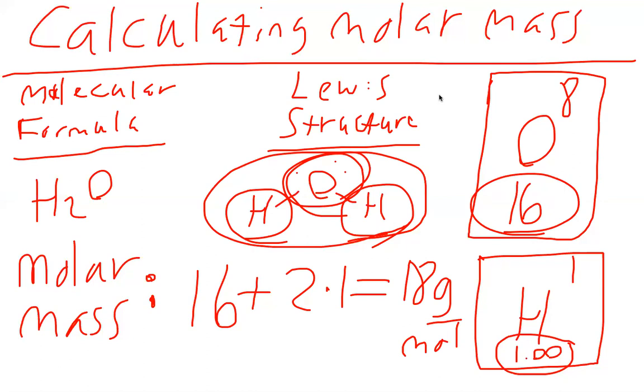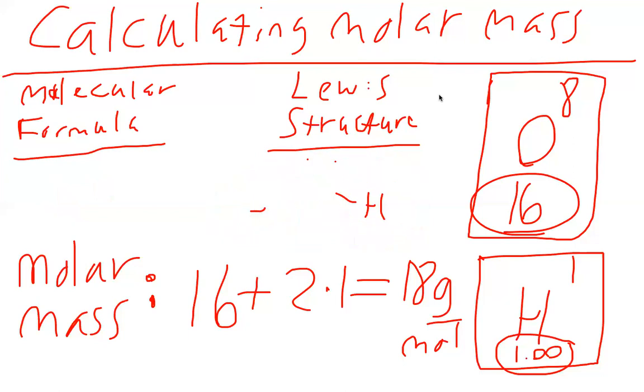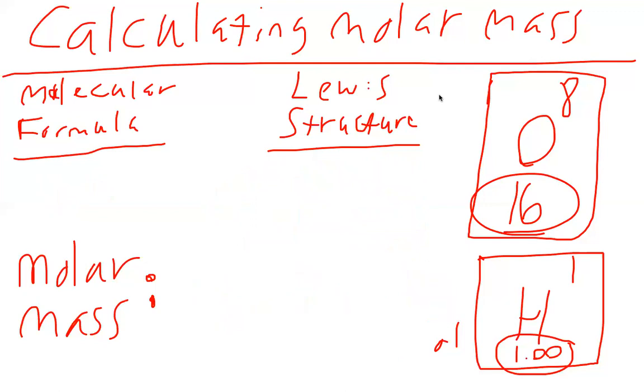Okay, so now we're going to go ahead and look at 2 more chemicals. So go ahead and copy this into your notes. And I'm going to erase the board for the most part. All right.